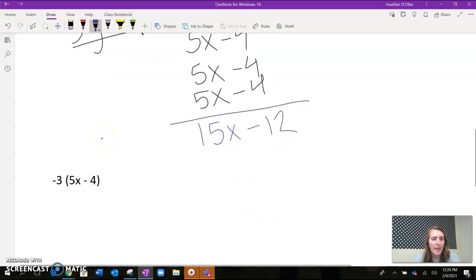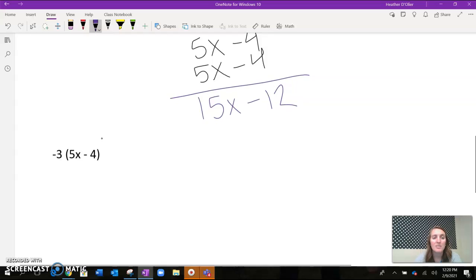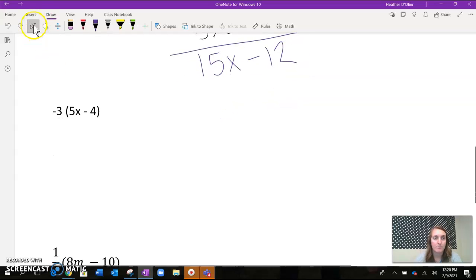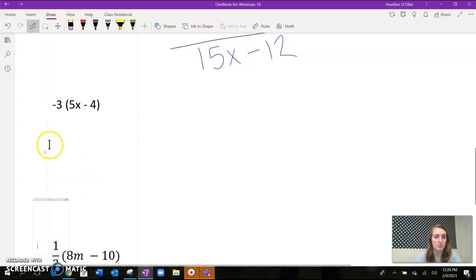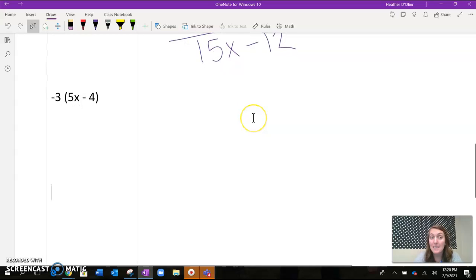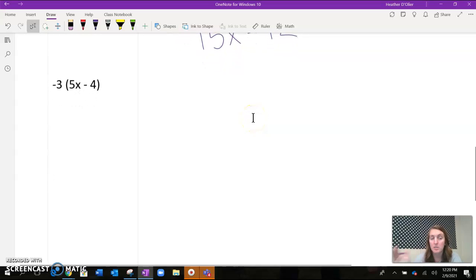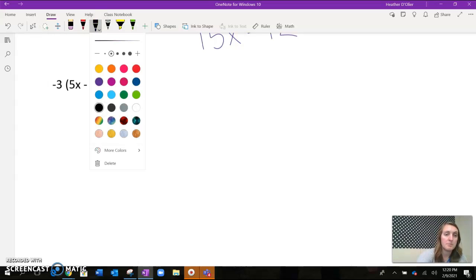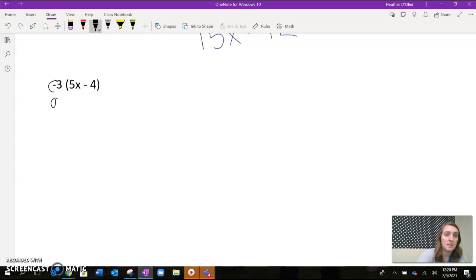Okay, but what if it's a negative? That means the opposite of 3 groups of 5x minus 4, right? That negative symbol there means opposite.